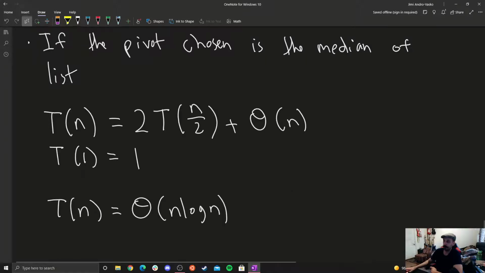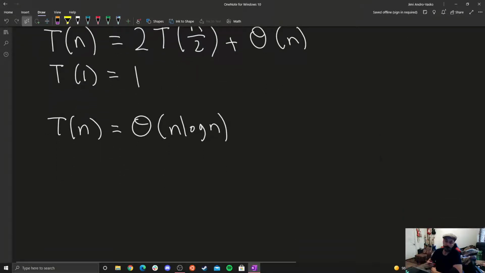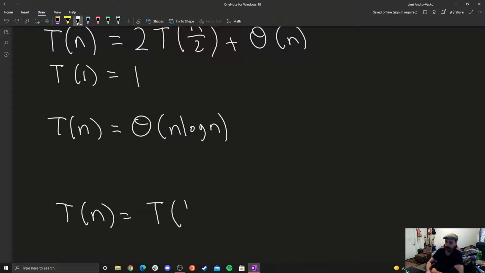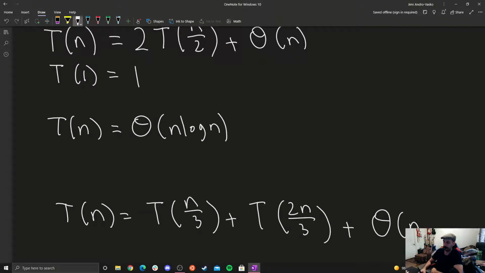For example, like I did in class, what if we pick a pivot that breaks the list into one third of the list on one side and two thirds of the list on the other side? Then the following recurrence relation follows: T of n over 3 plus T of 2n over 3. And of course, as always, the partitioning, oops, I'm kind of in the way, so let me move this down.